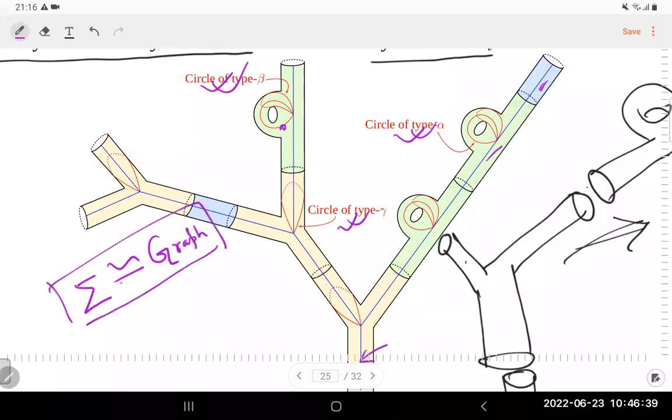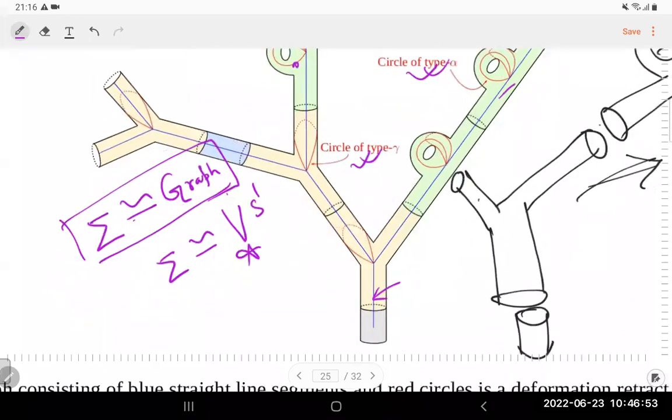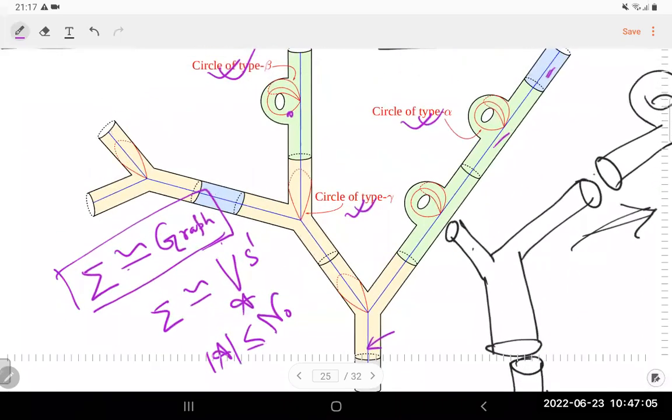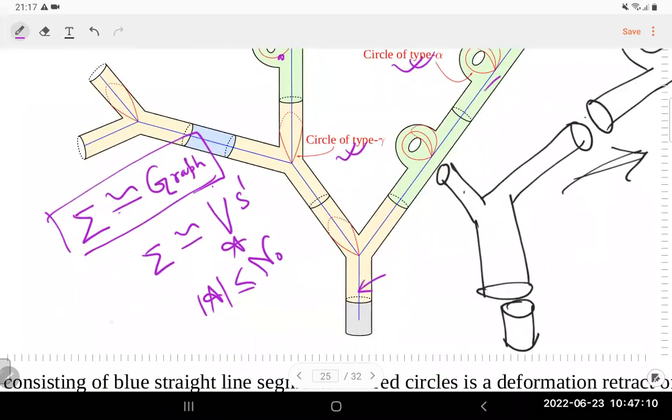In other words, sigma is homotopy equivalent to a graph with a countable, at most countable, index set. Let's call it script alpha, with cardinality of alpha less than or equal to aleph naught. So sigma is homotopy equivalent to a countable wedge of circles. In other words, the fundamental group of any non-compact surface is free.